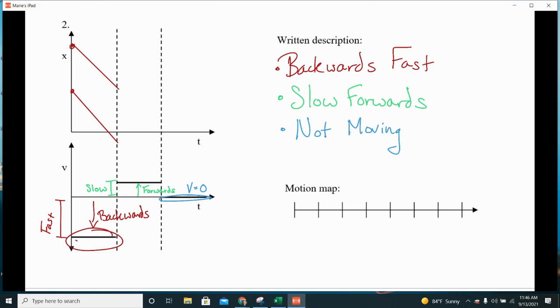I'm going forward slowly, so I'm going to have a small positive slope. And last, I'm going to stop. But it doesn't matter where I'm at. I just have to connect it to where I was. Because if I was going forwards and then all of a sudden I stopped, I'm not going to teleport. Wherever I am, that's where I am.